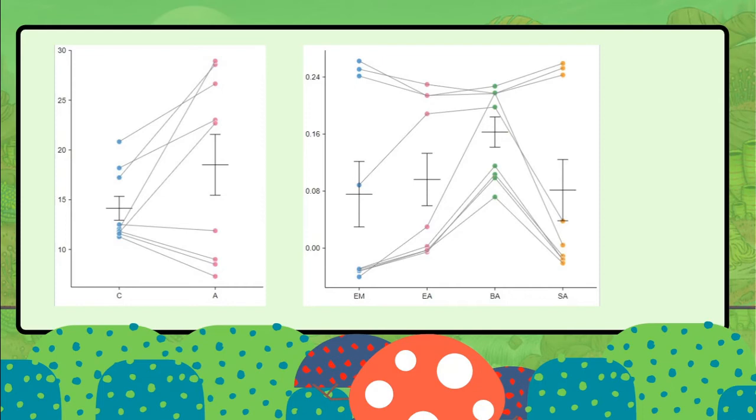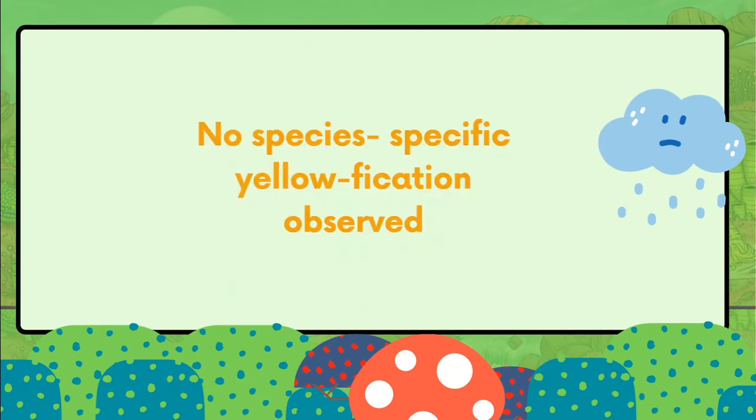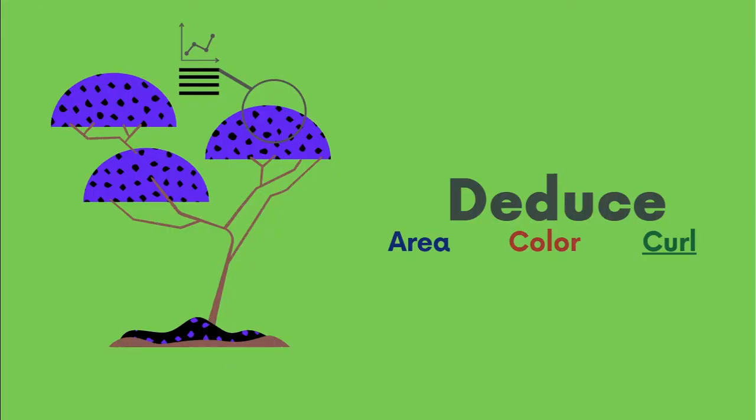And we saw that there is no statistically significant difference in yellowification, which again might be an artifact of bad data. But our data shows that yellowification does not depend on a species. There is no species-specific yellowification. Now, about the curl deduction, I invite Shirin again to talk about it.